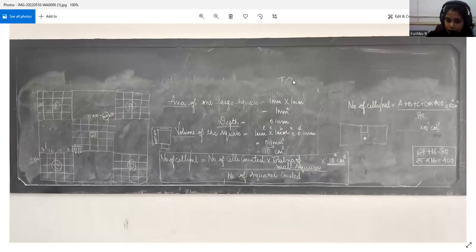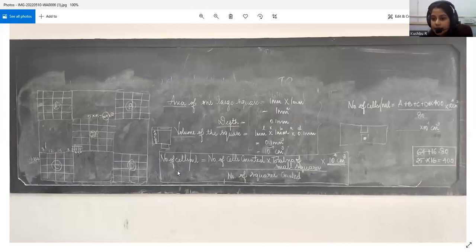This remains constant because this is the haemocytometer's capacity, that is its volume, its area, its depth. So this remains unchanged for the large squares. If I want to find the concentration, or the number of yeast cells in the given sample, we have to enumerate it for 1 ml of the given suspension.